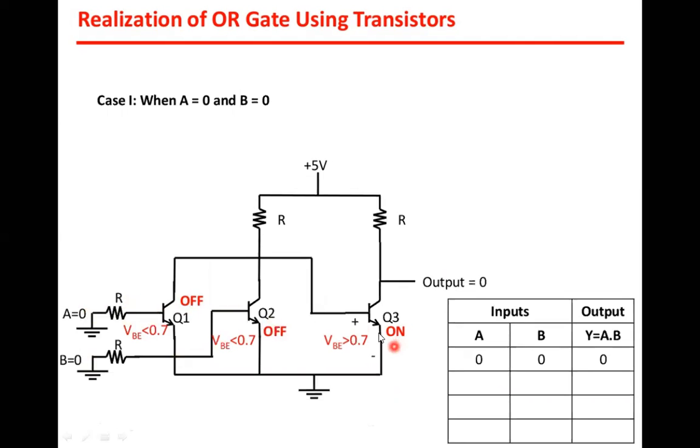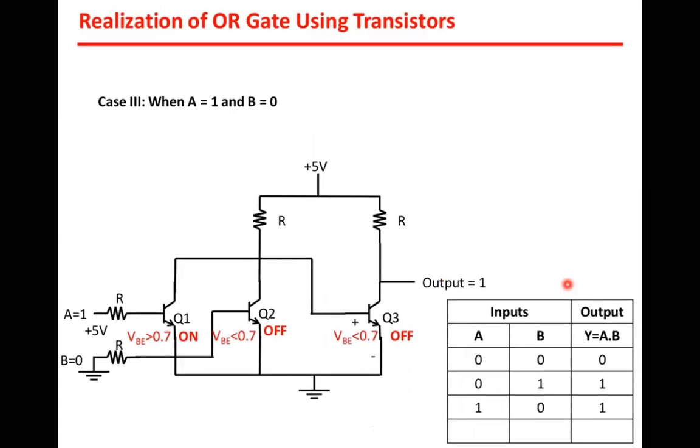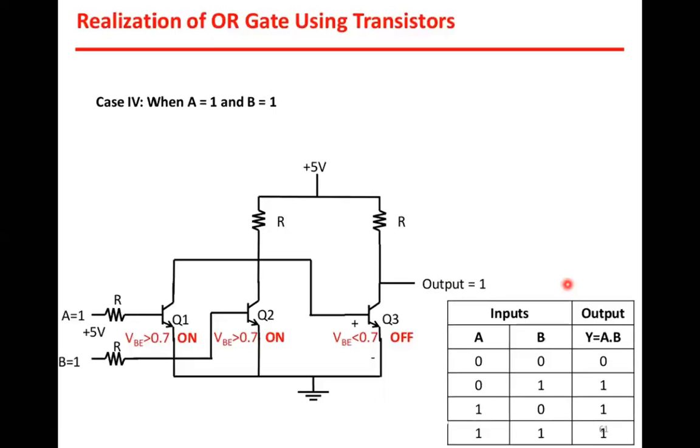And this is in the on state, but because we are measuring output here, it will be 0. So 0, 0, 0. 0, 1, you can see on the figure, off, on, and off. 1, 0, again 1, and 1, 1, 1. So this is the construction of an OR gate using transistors.